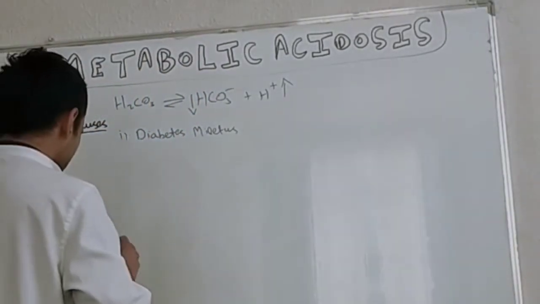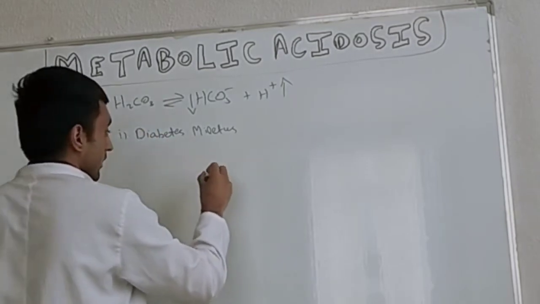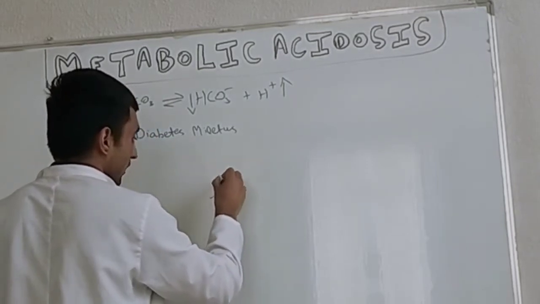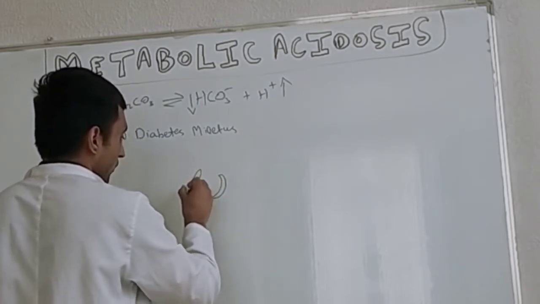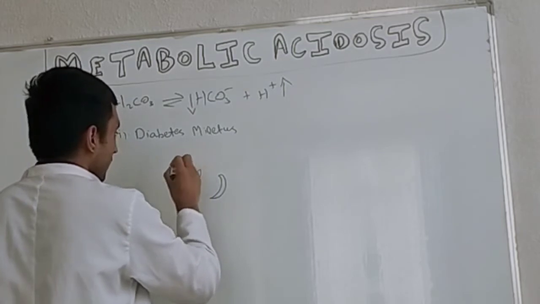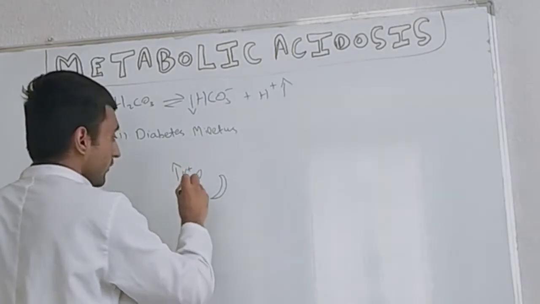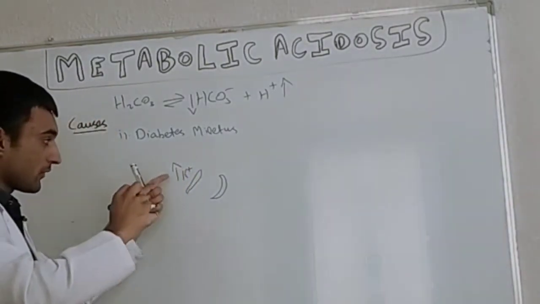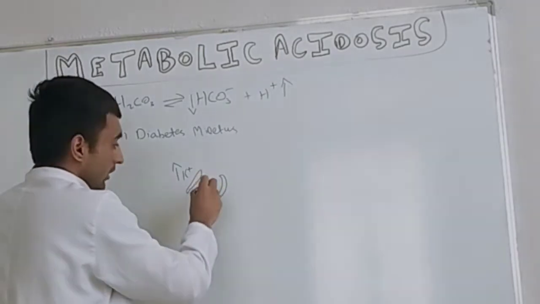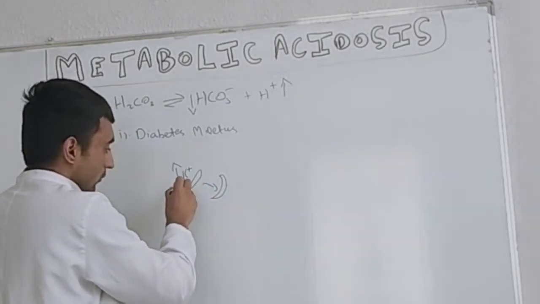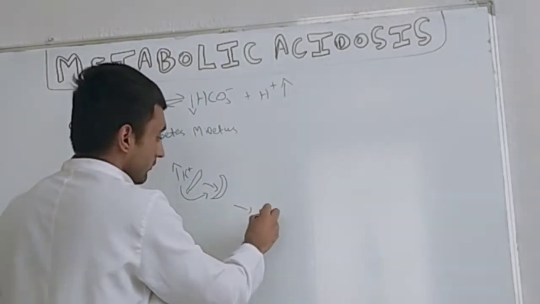Let's have a look here. Diabetes mellitus, like this. This is the tubular lumen of the kidneys, and this is the blood. In the case of diabetes mellitus, the potassium ions in the blood would be high. So the kidneys would transport these potassium ions into the tubular lumen and ultimately into the urine.